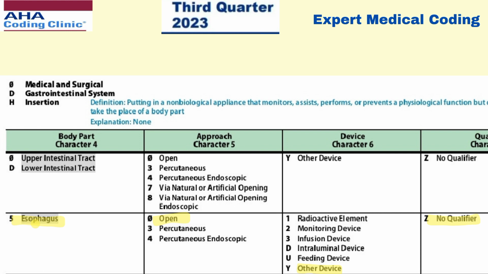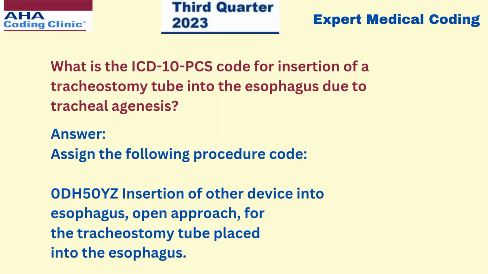Because tracheostomy tube is not listed here, we have to take it as other device, and the qualifier is no qualifier. So the answer is 0DH50YZ, that is insertion of other device into the esophagus, open approach, for the tracheostomy tube placed into the esophagus.